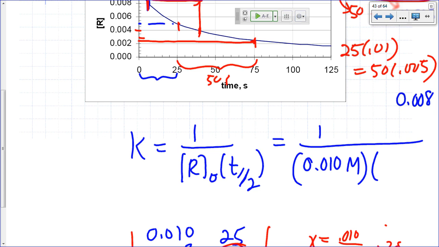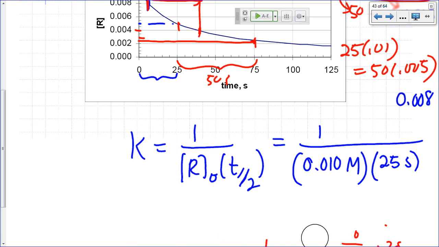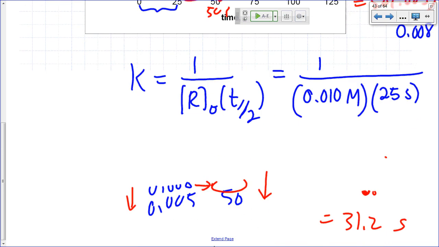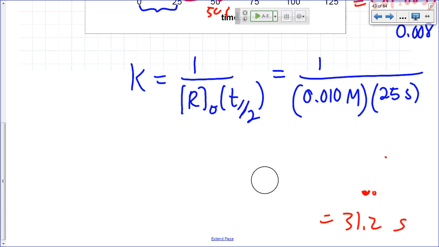And our half-life was 25 seconds. So what's 1 over 0.01 times 25? 0.01 times 25 is 0.25. So 1 over 1/4 would be 4, right?